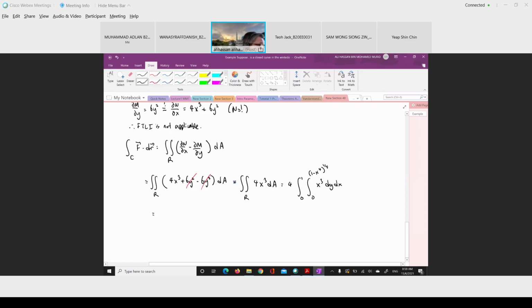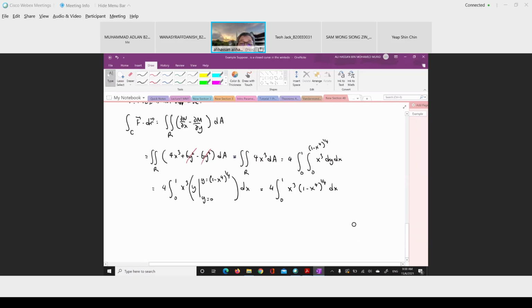We get x cubed y, where y is from 0 up to (1 minus x to the power of 4) to the power of 1 over 4, dx. So we do the substitution for y, then we get x cubed times (1 minus x to the power of 4) to the power of 1 over 4 dx. When y is 0, it's 0.